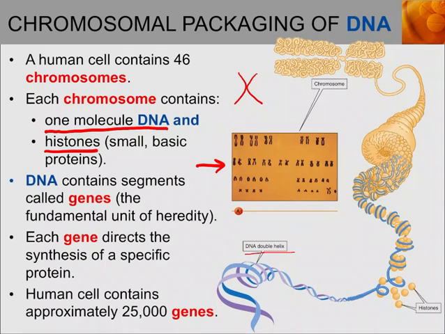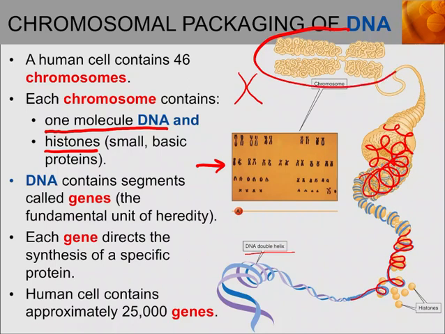Once that forms, the helix can coil around, and it uses these histones to form this structure. Eventually, it wraps around again until we get this chromosome structure that's shown up above. And again, it looks like an X.